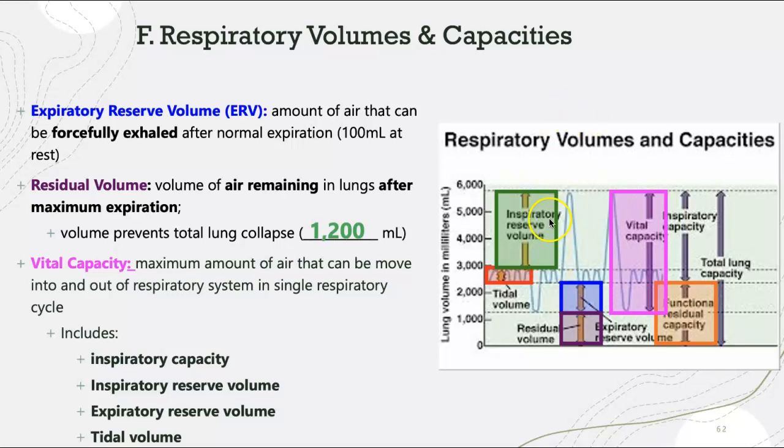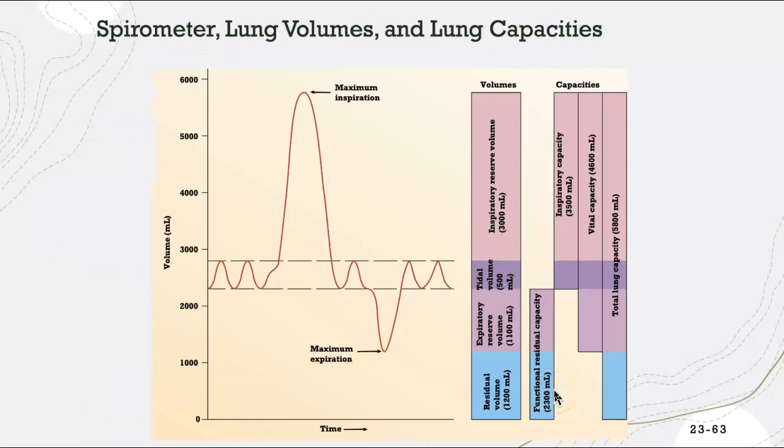So it is going to include our inspiratory capacity, which would include our inspiratory reserve volume and our tidal volume, our expiratory reserve volume that we discussed here, and we mentioned our tidal volume already. And here's just another image showing you what a readout using a spirometer would look like and all the different volumes and capacities that we discussed.